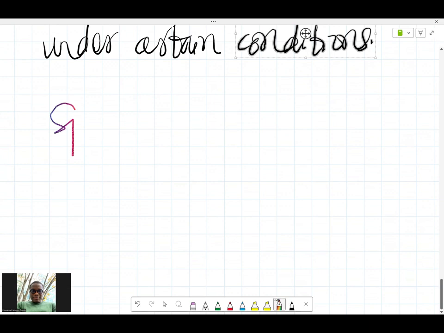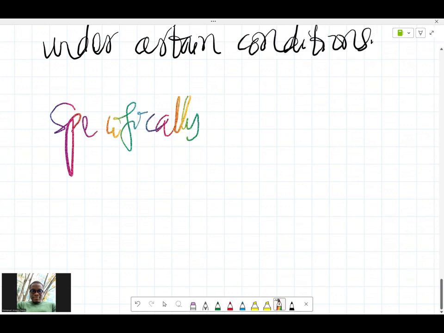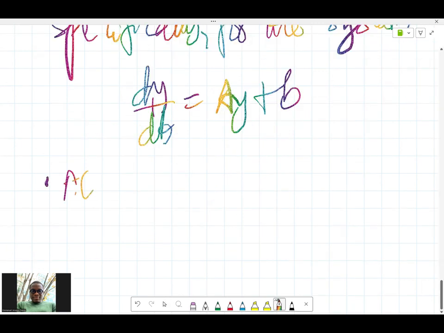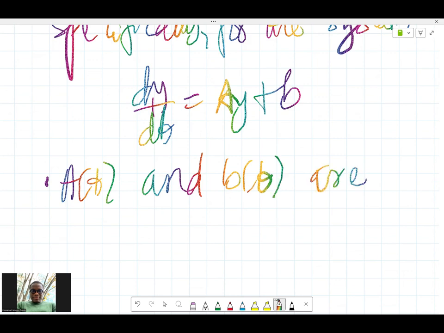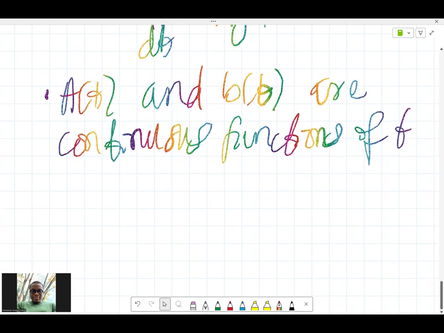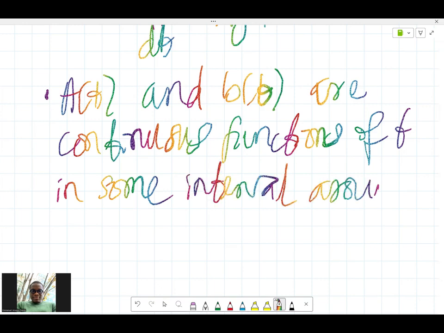Specifically, for the system dy/dt equals Ay plus b, that system we talked about before, we see that A of t and b of t are continuous functions of t in some interval around t naught.